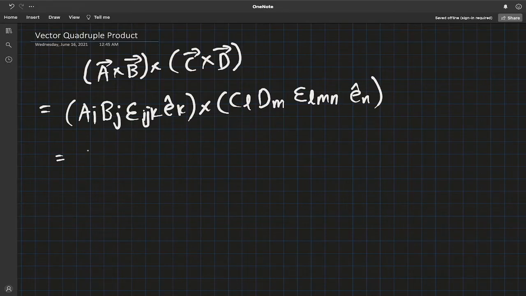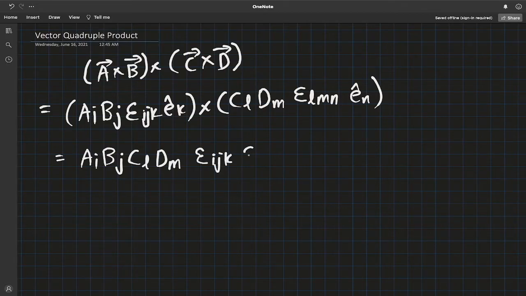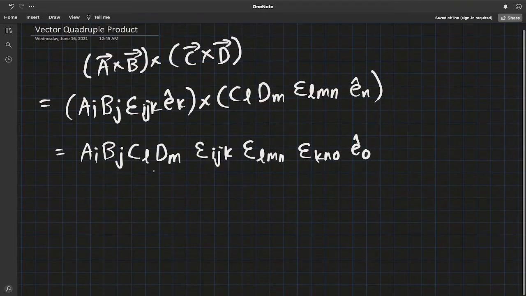So well, looks like we're gonna have another Levi-Civita symbol. So epsilon ijk, epsilon lmn, epsilon, say, kno, e_o hat.